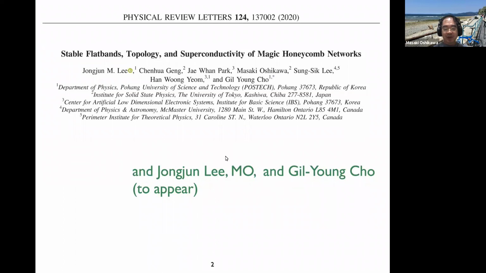The main body of work for today's talk is still in preparation, hopefully will appear on arXiv in a few weeks. But this is also based on our previous work on networks, which was published in PRL this April. So I will also quickly explain this previous work on the flat band, because this is our motivation to consider non-Fermi liquid behavior in network systems.